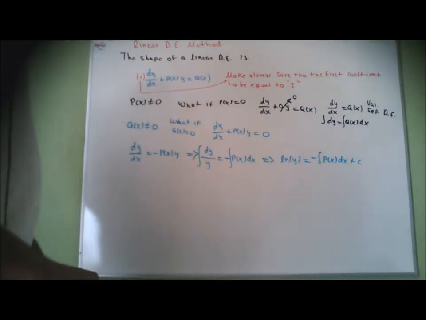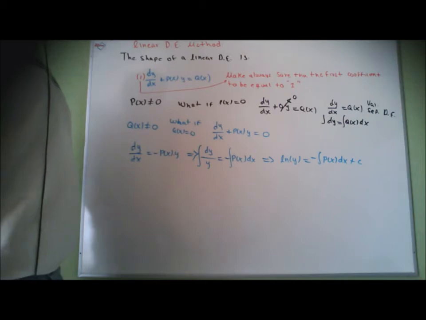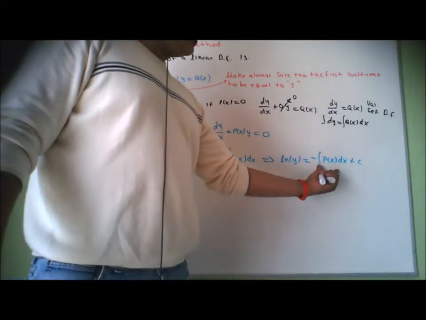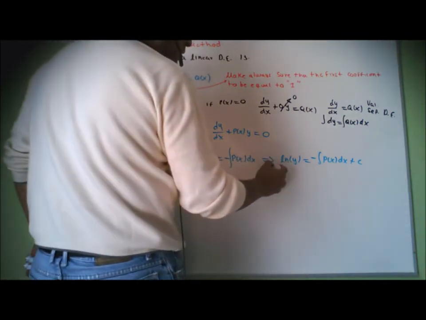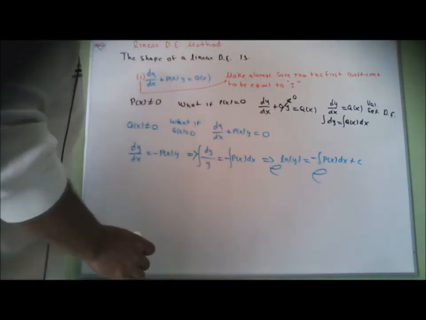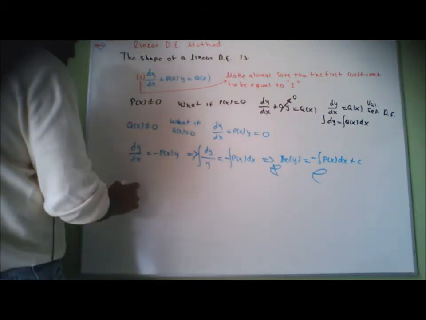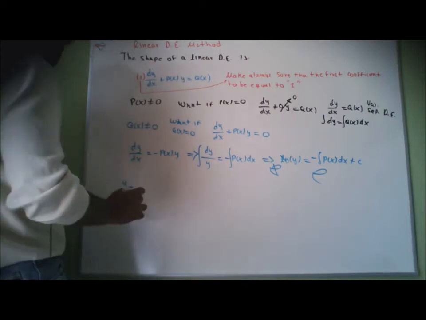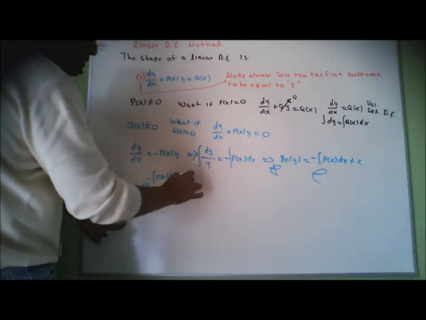Now, because p of x could be anything as long as it is a function of x, we cannot solve this integral, so we leave it like that. Let's use exponentials on both sides, and that is to clear the y, because the exponential is the opposite of the natural log, so it cancels. So what you get is y equal to the exponential of minus the integral of p of x, differential of x, plus the constant.